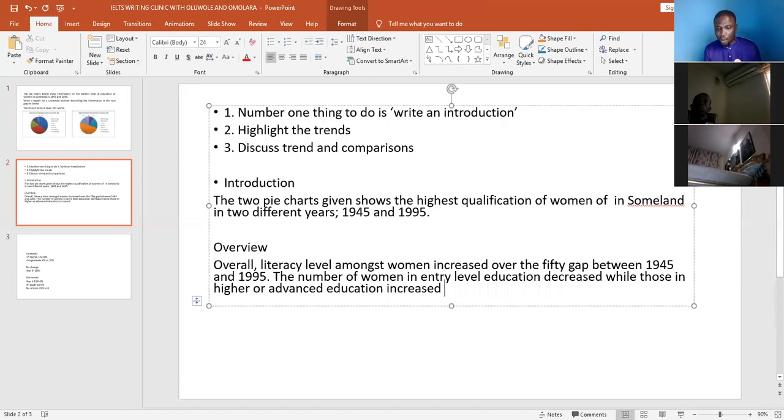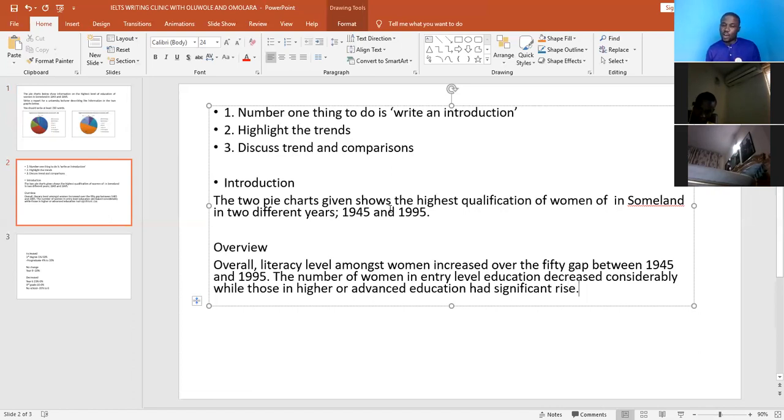Overall literacy level amongst women increased over the 50 years gap between 1945 and 1995, and the number of women in entry-level education decreased considerably, while those in higher education or advanced education had a significant rise.